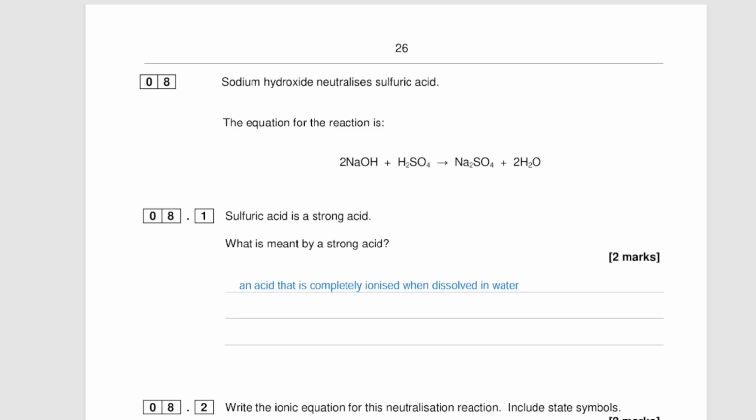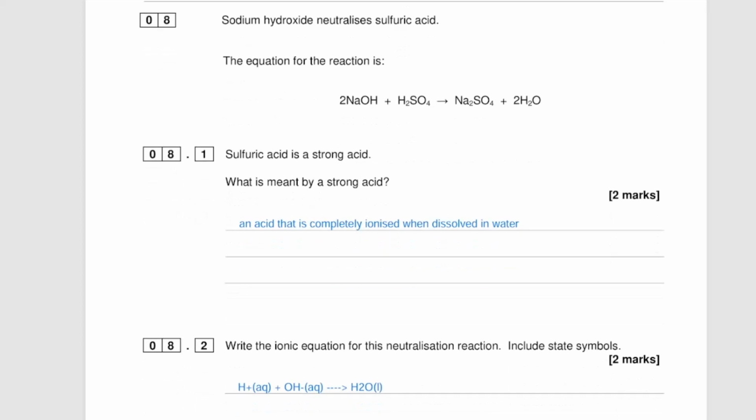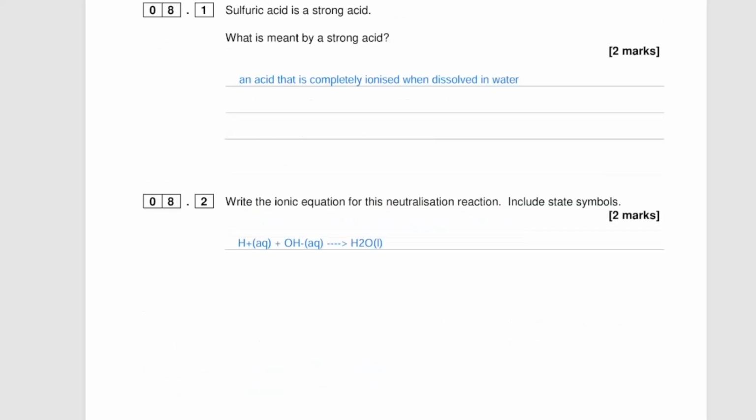And then we're expected to write out the ionic equation for the neutralization reaction, including state symbols, which is H+ (aq) plus OH- (aq) into H2O (l).